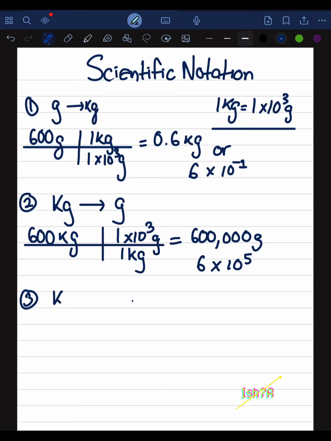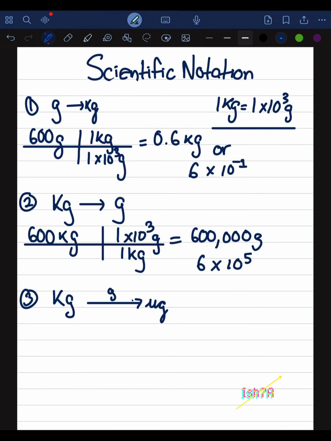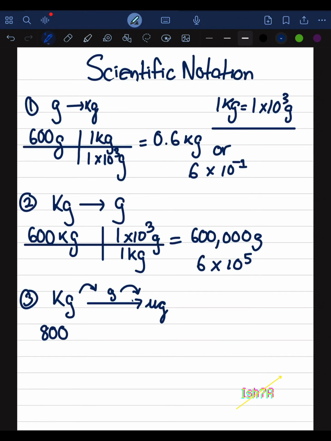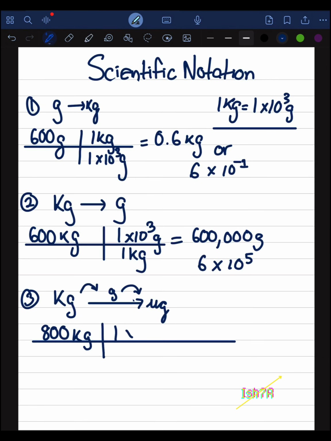Let's do another one. We're going to convert kilograms to micrograms. But first we turn kilograms to grams and then grams to micrograms. Starting with 800 kilograms, multiply it by 1 times 10 to the power of 3 grams.